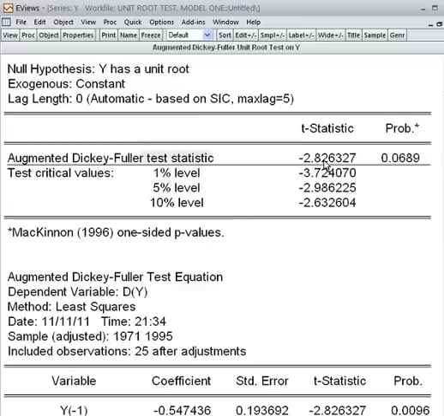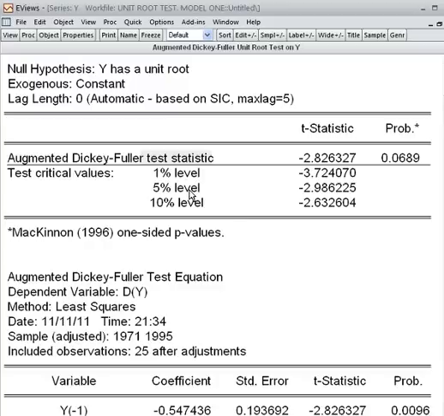This is the way you can check. This is the test statistic, right? And these are all the critical values at the 1% level, 5% level, and 10% level. Okay, and what is the guideline? The guideline says that if the test statistic is more than the critical value, we can reject the null.